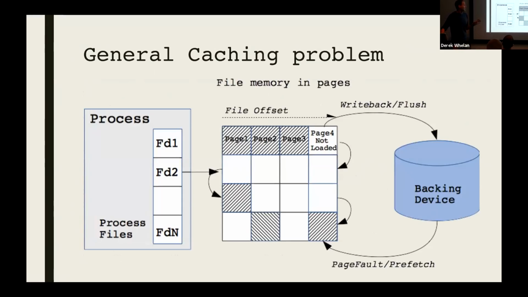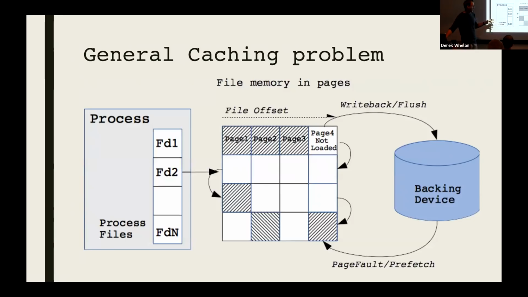So what's the general caching problem? We have our process, we have our files. Every file has its own memory. Some pages may be already loaded, some pages are not loaded. And in the exercises, we would like to make this as fast as possible. We pay a lot for the processor, and we do not want to waste too many cycles just waiting for the device.